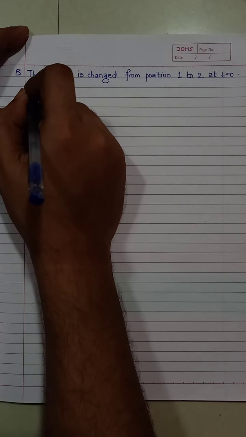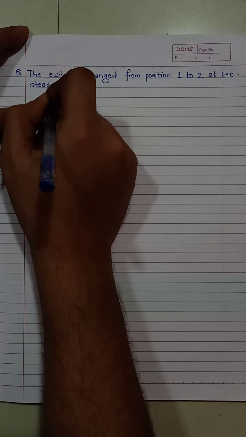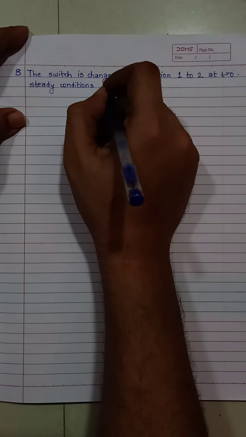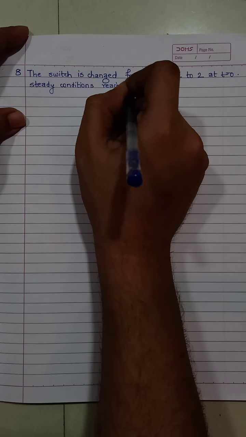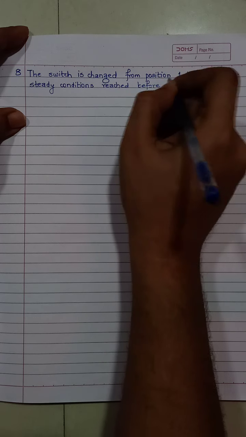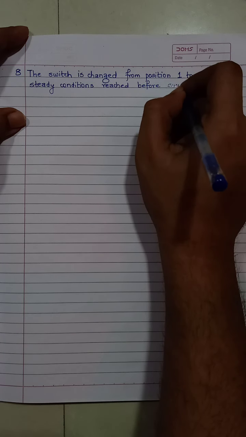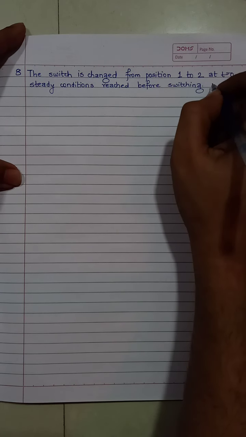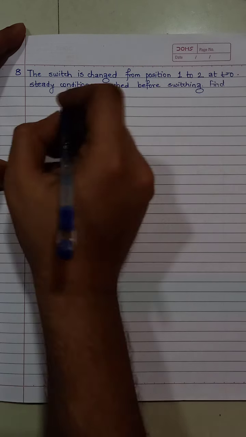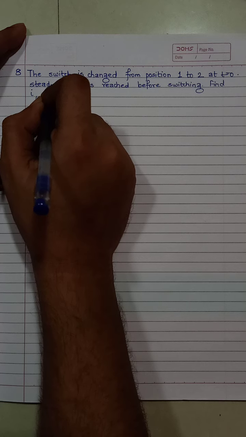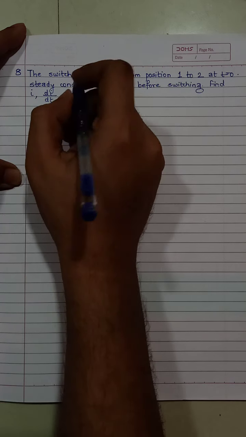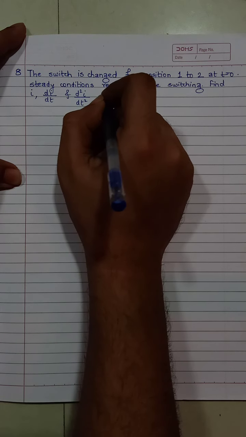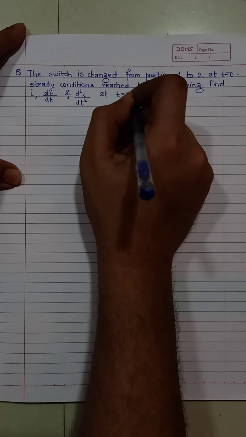Steady conditions are reached before switching. Find i, di/dt and d²i/dt² at t equals 0 plus.